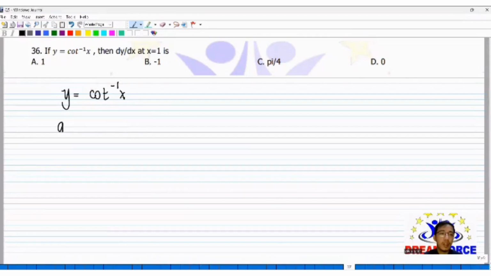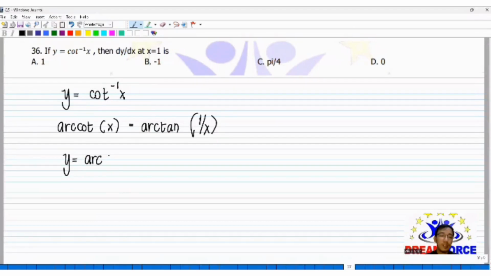Doon sa trigonometry natin, ang inverse cotangent ng x is same lang din siya sa arctan. Babalik na rin natin to. So parang ito, maging y is equal to arctan o inverse tangent of 1 over x. I-try natin sa calculator.